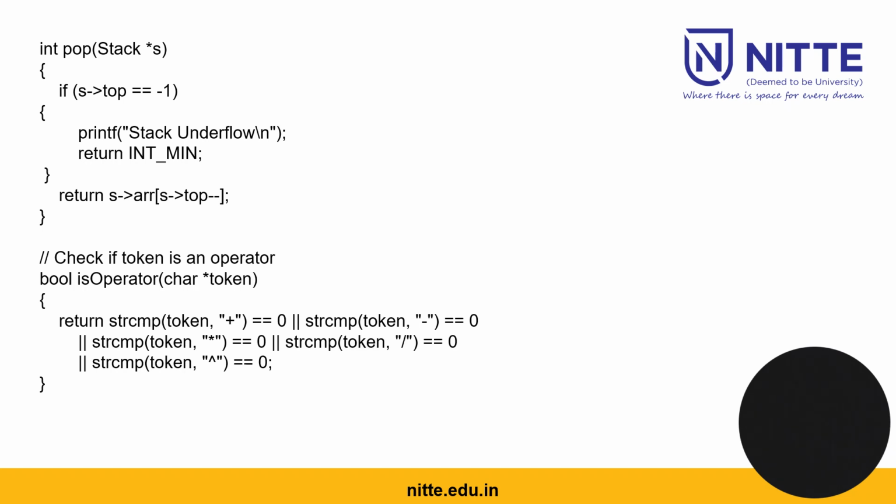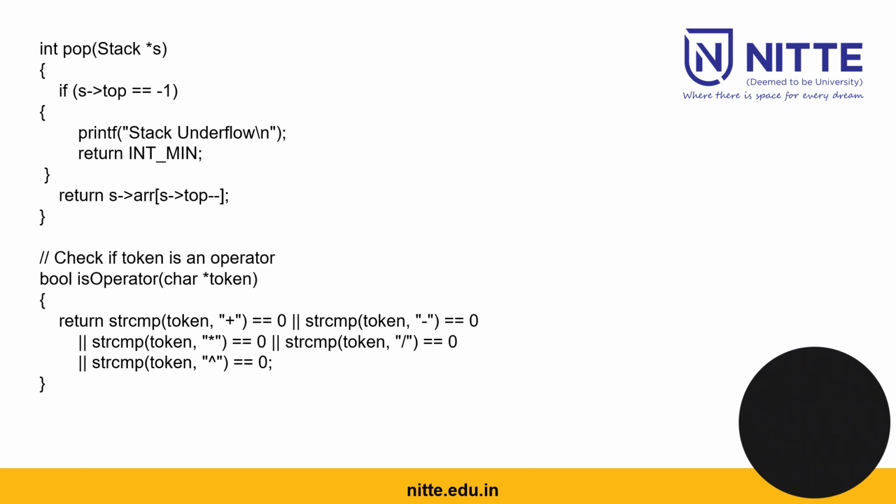In that case, it will print stack underflow. It will print what? Stack underflow. And then it returns INT_MIN. Otherwise, if top is not pointing to -1, that means there are elements in the stack. Then it will go for removing those elements from the stack. First, it will decrement the top of the stack. That is why s->top--.